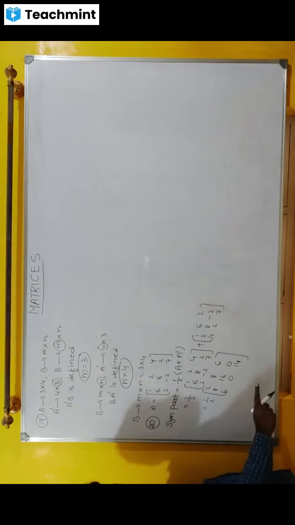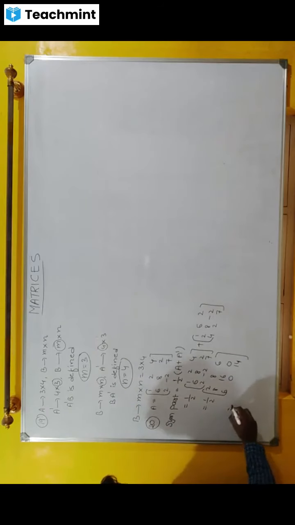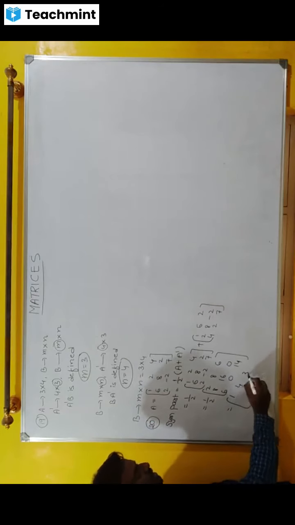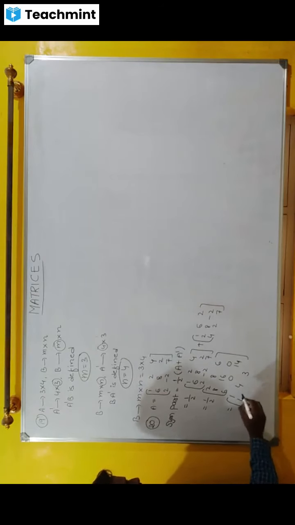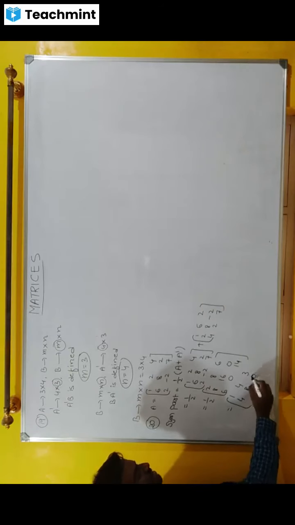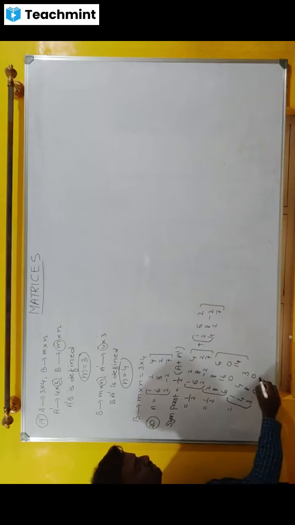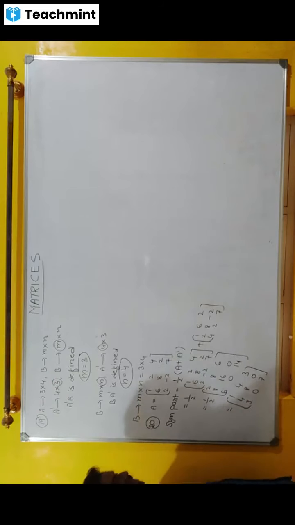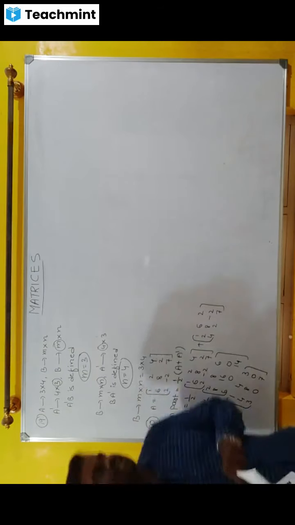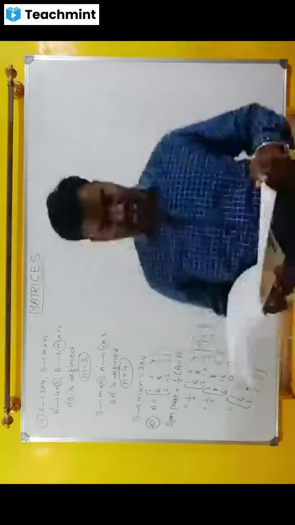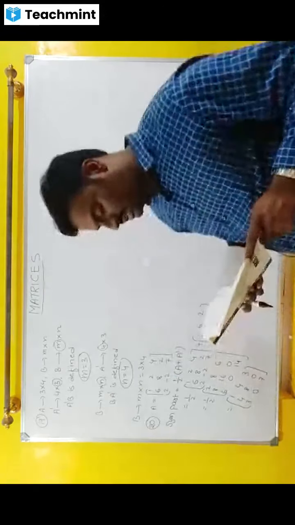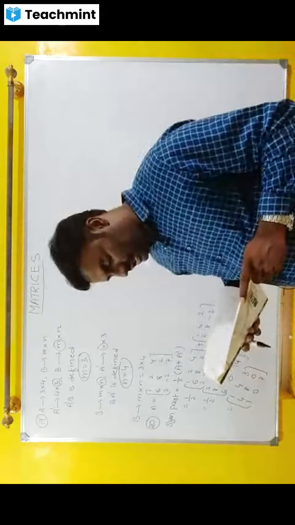If you divide each and every value by 2, the answer will be 2 by 2, 1, 8 by 2, 4, 6 by 2, 3, 8 by 2, 4, 16 by 2, 8, 0, 6 by 2, 3, 0, 14 by 2, 7. Therefore, the final answer is 1, 4, 3, 4, 8, 0, 3, 0, 7. That is the symmetric part of question number 20, so the fourth option is the correct answer.